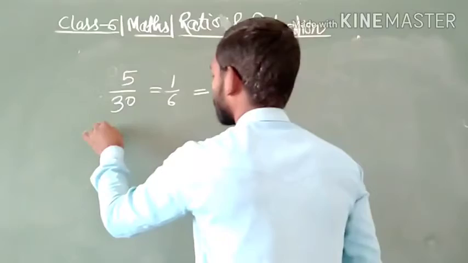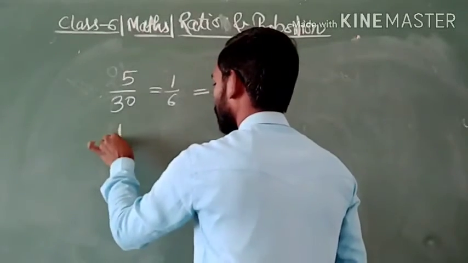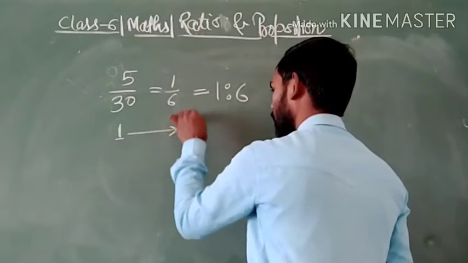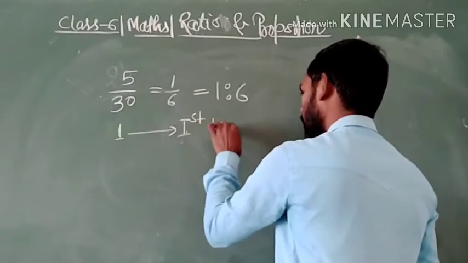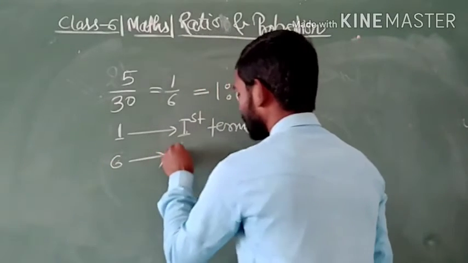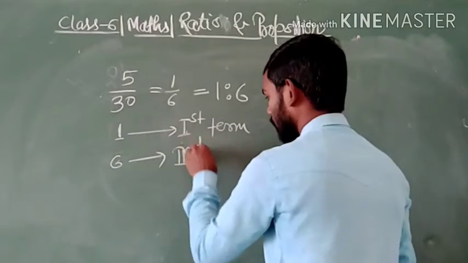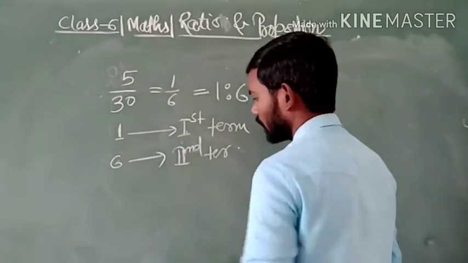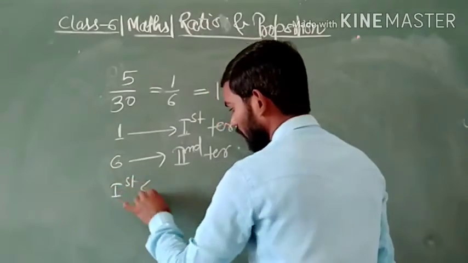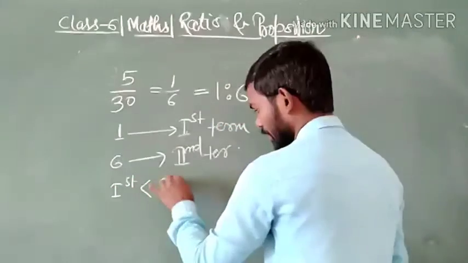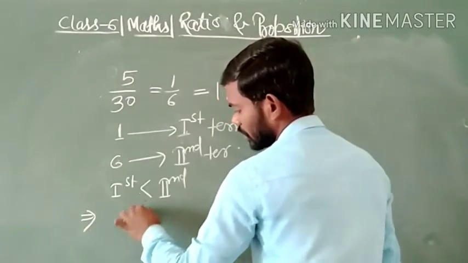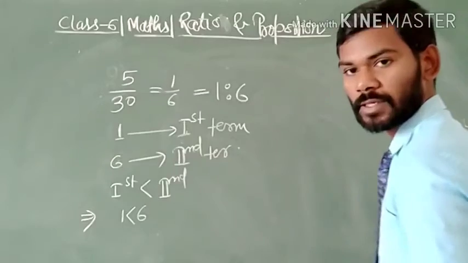So from here we observe that 1 is the first term and 6 is the second term, and hence the first term is less than the second term, which shows that 1 is less than 6.